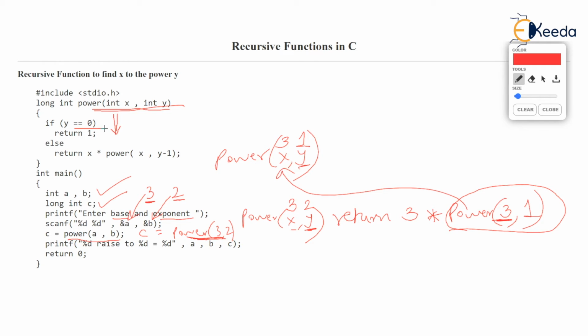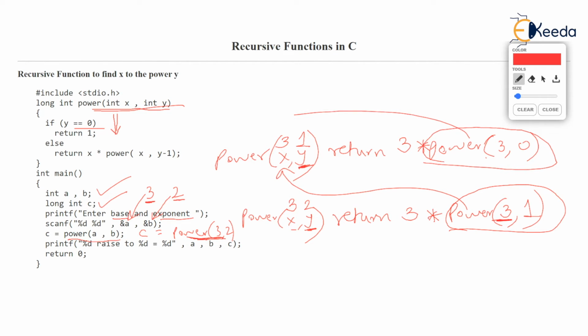So else runs, and in else there is a statement return x into power x comma y minus 1, that is 3 into power 3 comma y minus 1, where y minus 1 in this case is 0. So there is a recursive call here. The power function is called with parameters x equal to 3 again, but y is 0.